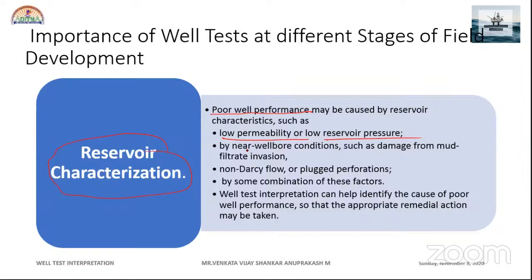There may be a near-wellbore condition, like some thick blockage around your wellbore area, which will result in production decline because of mud filtrate invasion, or it may be any other damage because of production fluid or anything.